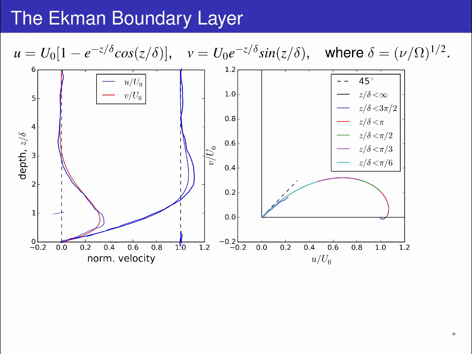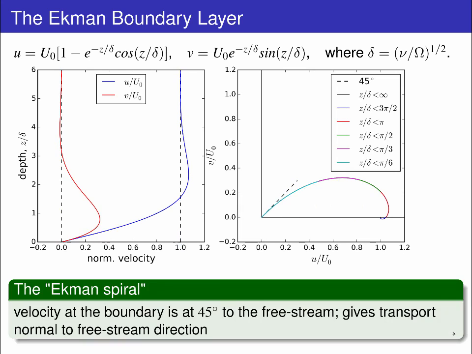Plotting these two together gives this distinctive spiral, the Ekman spiral, as you traverse from the boundary vertically through the Ekman layer. Note that immediately adjacent to the boundary, the flow is at 45 degrees to the interior flow, and that integrating the velocities through the boundary layer will give a transport that is normal to the free stream direction.